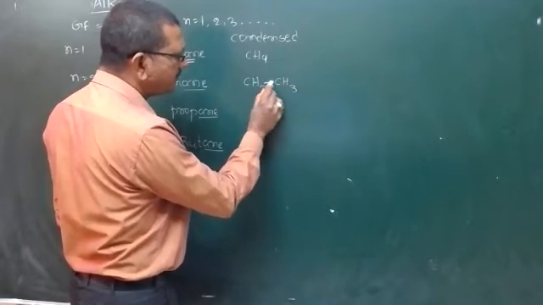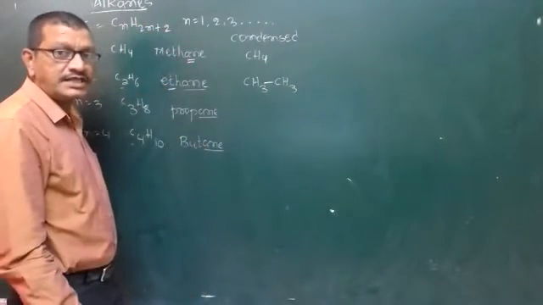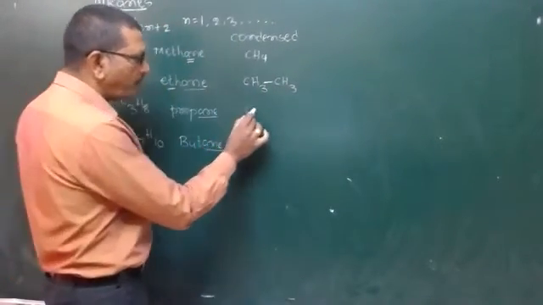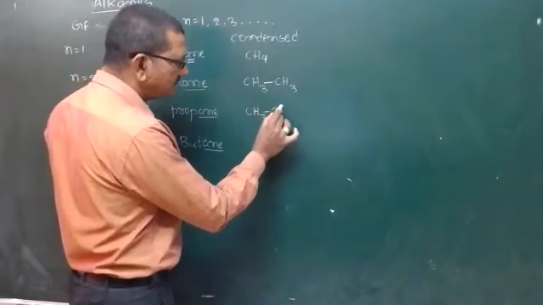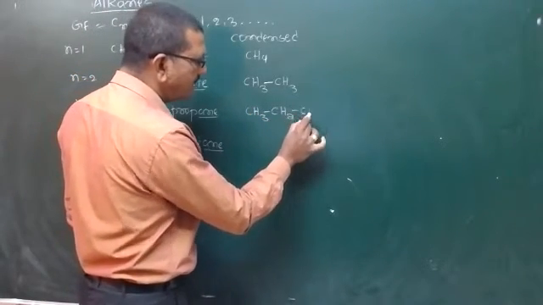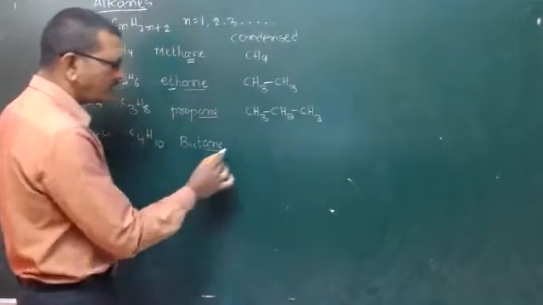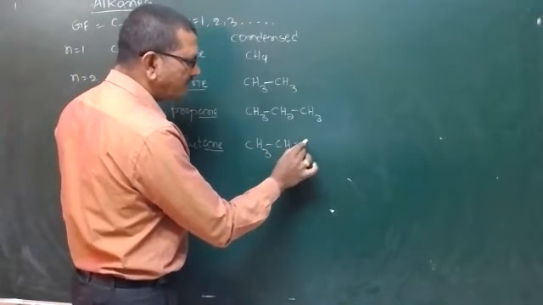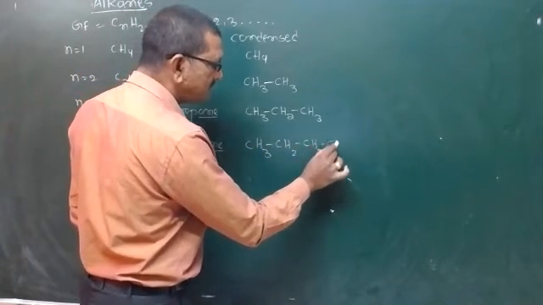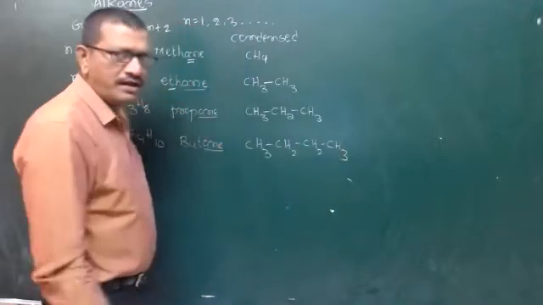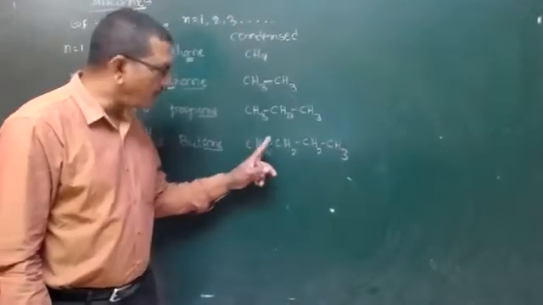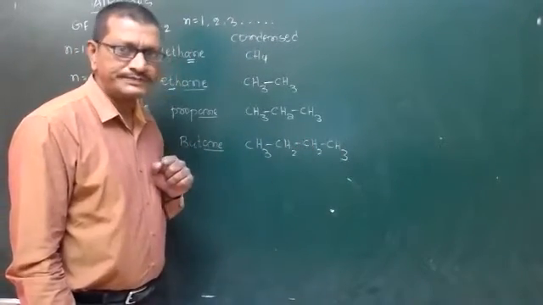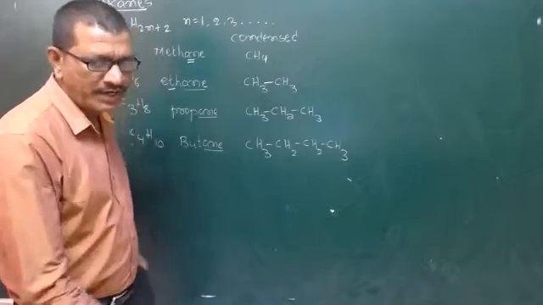Observe which bond is present here: a carbon-carbon single bond. Propane means CH3, CH2 and CH3. Next one, butane: CH3, CH2, CH2 and CH3. In all these molecules, we are writing a carbon-carbon single bond.